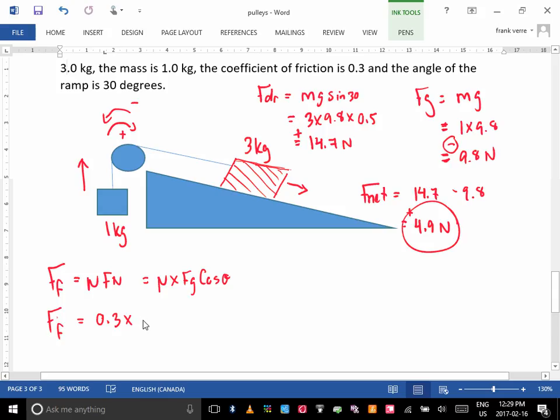Its weight is 3 times 9.8 times cosine of 30. So what's my friction?